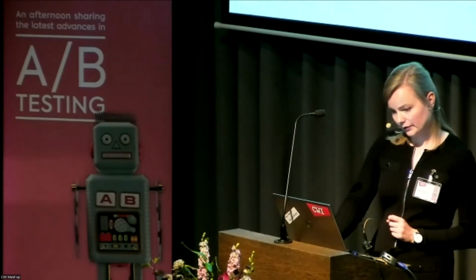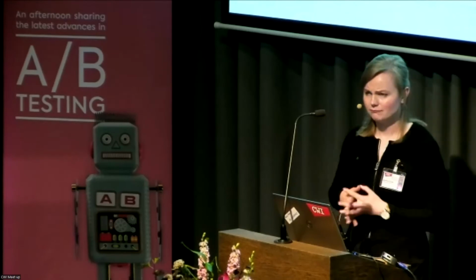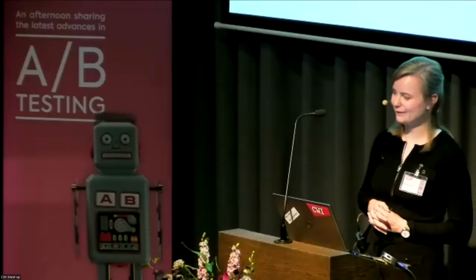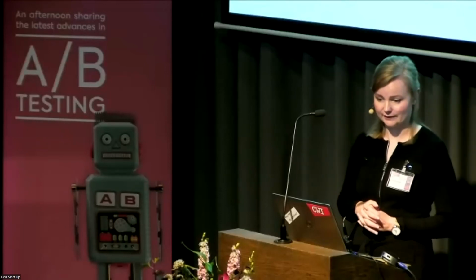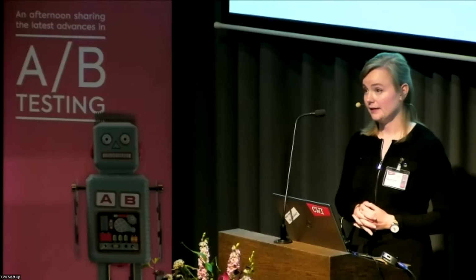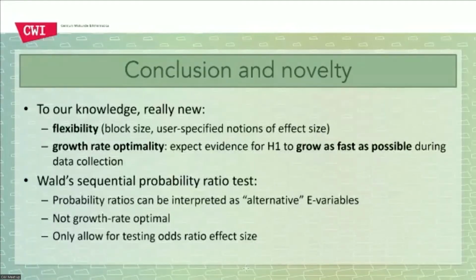Yeah, so these were some nice examples, and now I'll get to wrapping up because it's really time. To our knowledge, we've designed something that's quite new. We've made a very flexible method in terms of block size, where the user can also choose their own notion of effect size that they want to measure. And that is also optimal in the sense of growth rate.